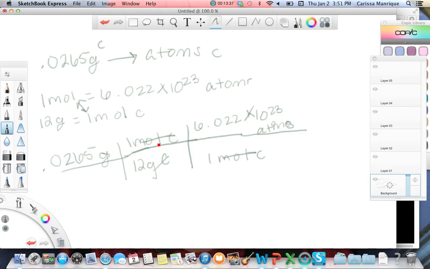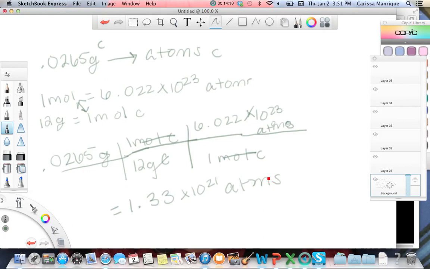So divide by 12. Okay, so I get approximately, let's see, since we used 3 significant figures here, I will use 3 significant figures on my answer. So I get 1.33 times 10 to the 21 atoms.